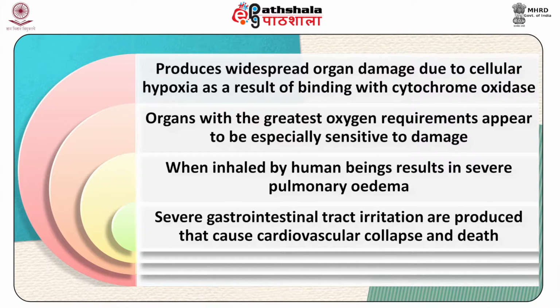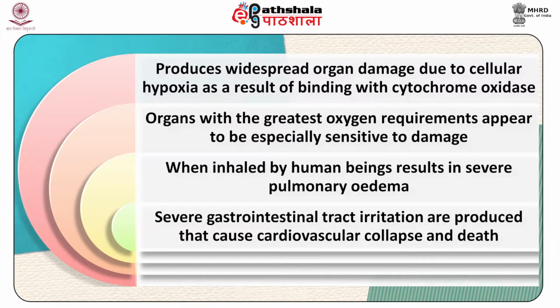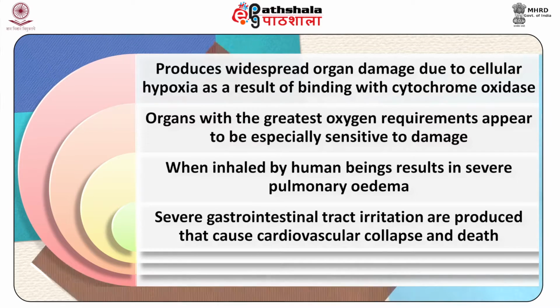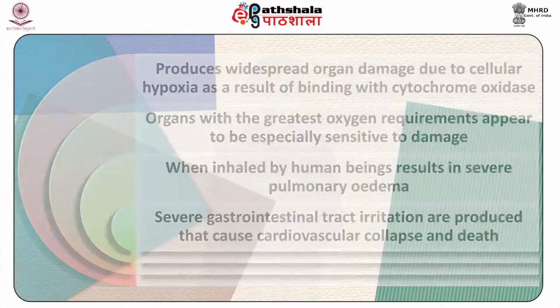Phosphine, when inhaled by human beings, results in severe pulmonary edema. Due to the release of phosphine gas in contact with moisture, symptoms of severe gastrointestinal tract irritation are produced that cause cardiovascular collapse and death.